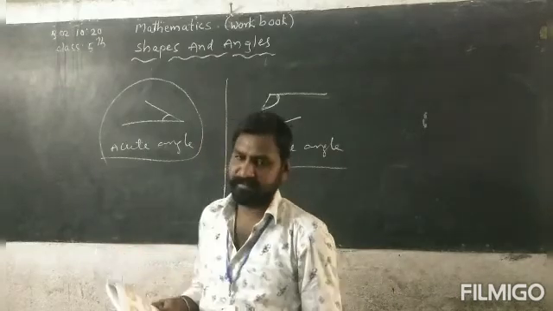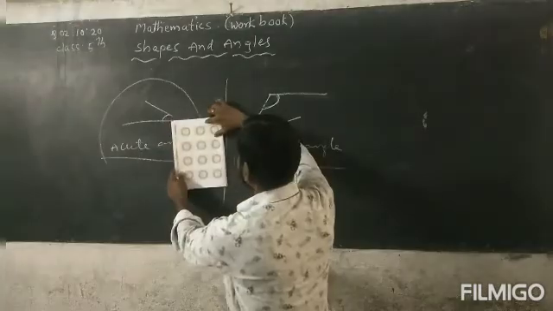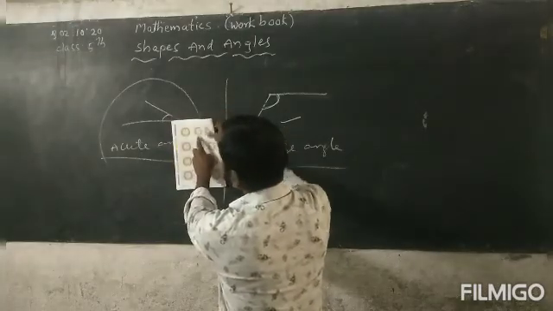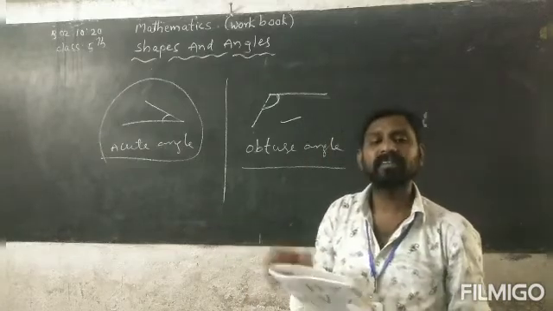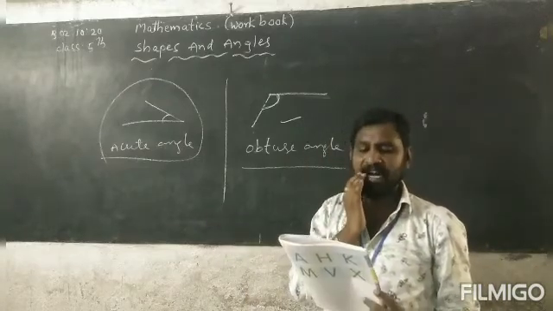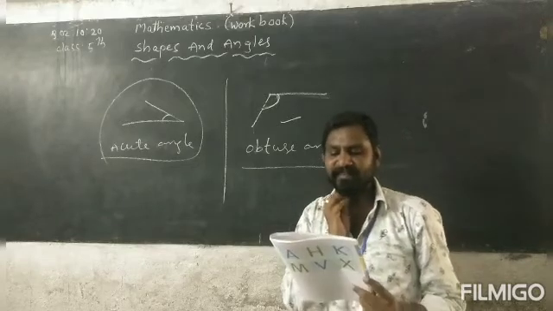One is done for you. See, first one, 0 degree. Next one, identify the angle. Identify the angle between the two hands.